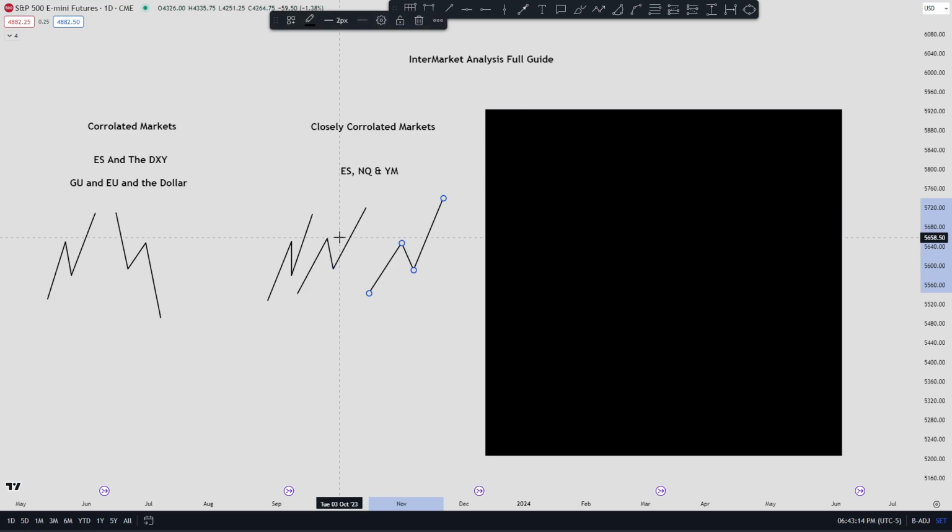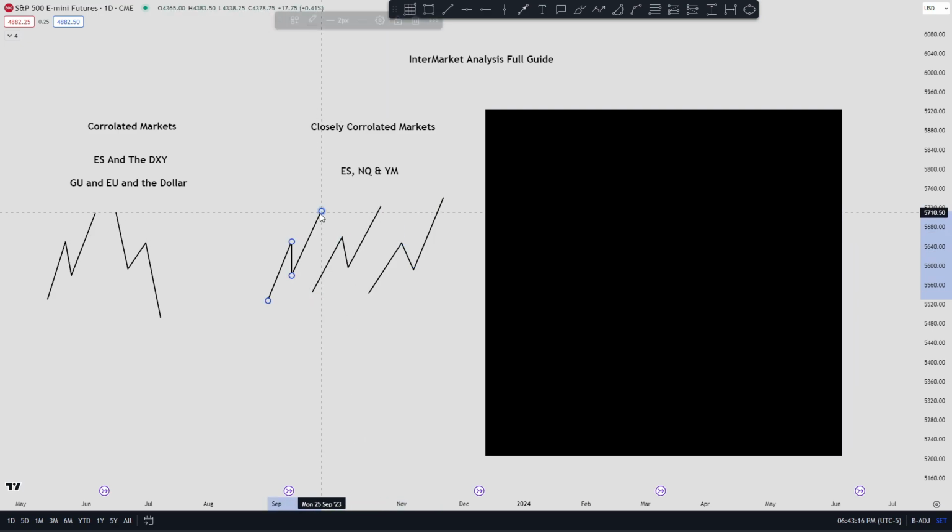This is something that I use on a consistent basis when taking trades on the S&P 500 and US 30. If I'm seeing that the NASDAQ and the US 30 are going higher, this makes me more confident in the ES. I'm holding my trades for a lot longer, and overall, this builds confidence in my trading.